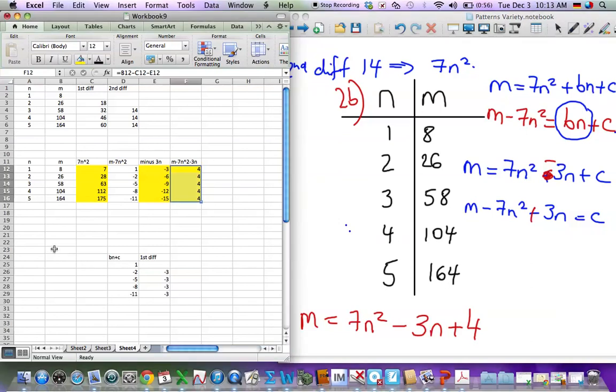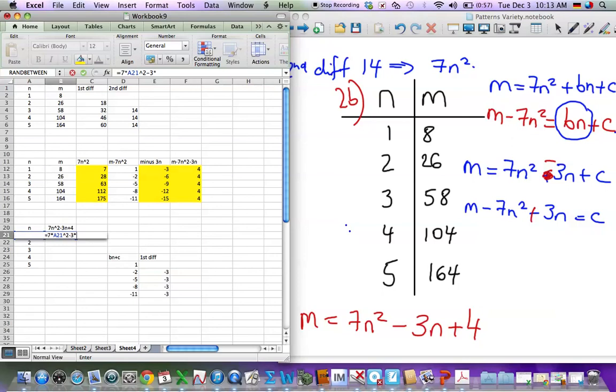So in the summative, you can be absolutely sure you've got the right formula. I'm going to write n, 1, 2, 3, 4, 5. And then I'm going to put my formula in, which is this one. I'm going to do 7n squared minus 3n plus 4. Fingers crossed it will be right. So 7 times n squared minus 3 times n.